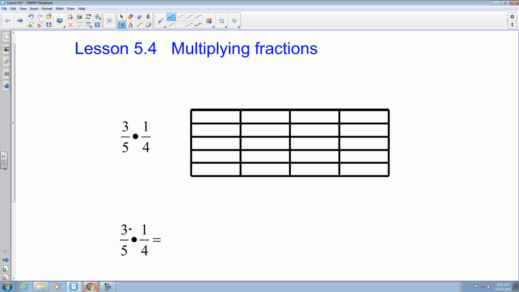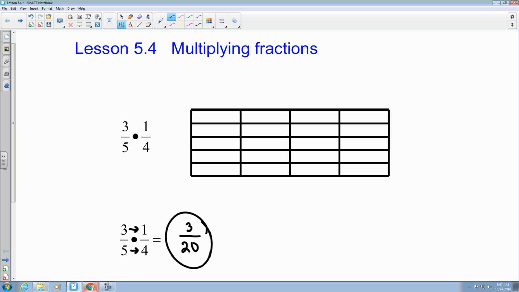I multiply 3 times 1 and 5 times 4. 3 times 1 is 3, and 5 times 4 is 20. Reducing from there, 3/20 is already reduced, and that is my answer.